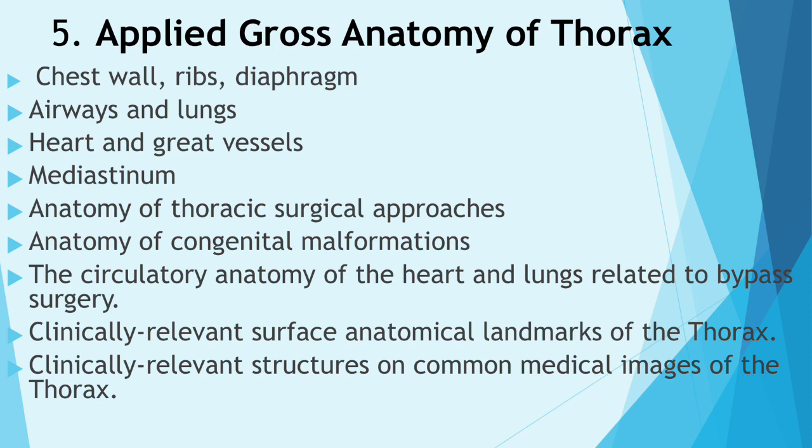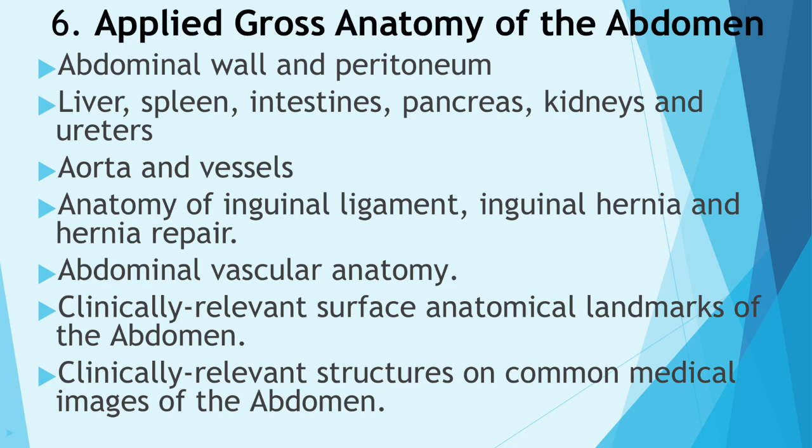Next topic is applied gross anatomy of the abdomen, abdominal wall and peritoneum, liver, spleen, intestines, pancreas, kidneys and ureters, aorta and the other blood vessels, anatomy of inguinal ligament, inguinal hernia, and hernia repair.